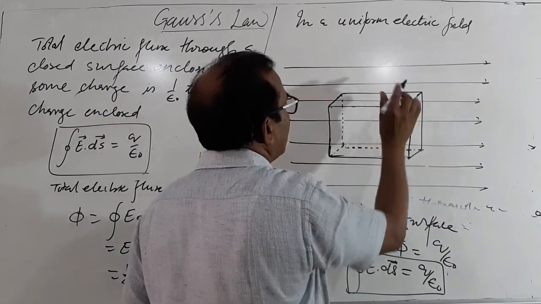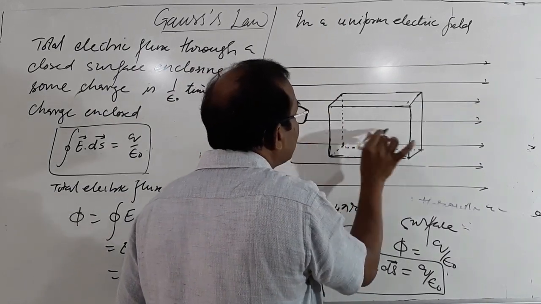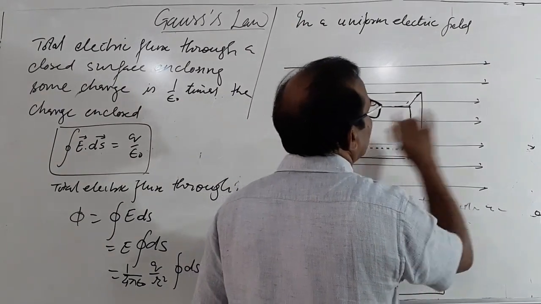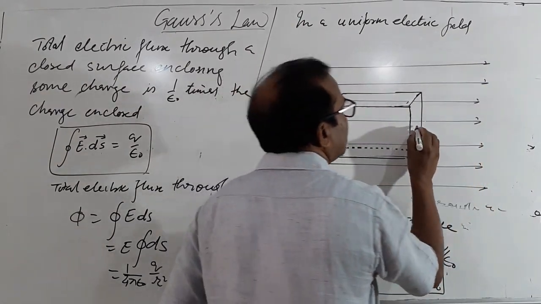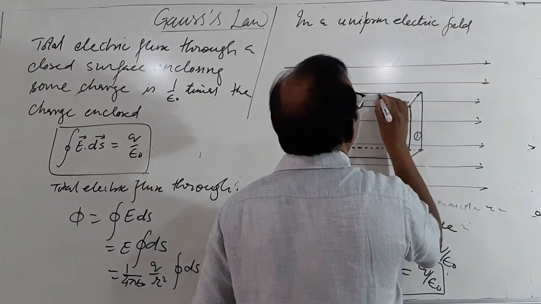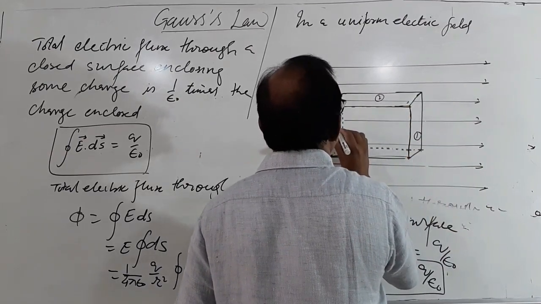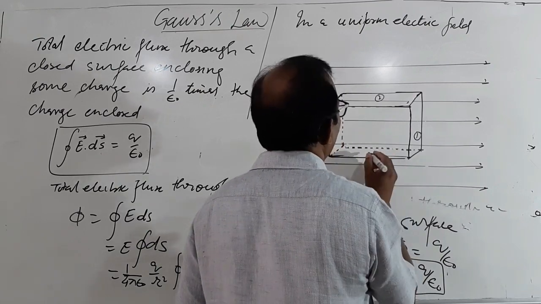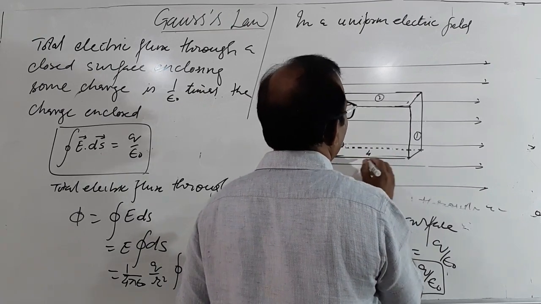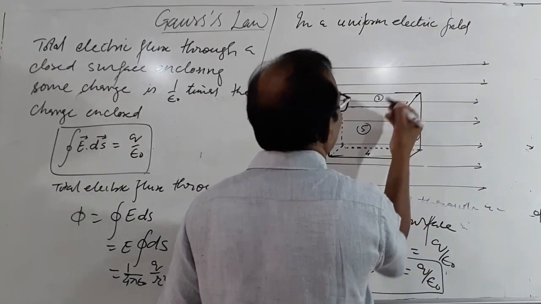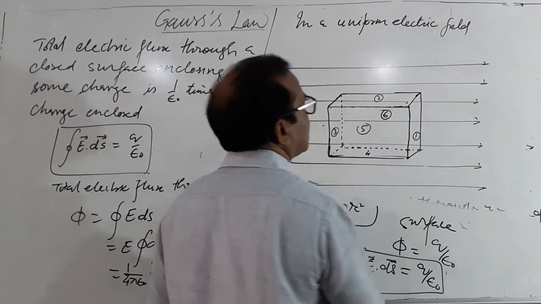Electric field lines are entering this box here and leaving this box here. Mark these faces: 1, 2, this is 3, the lower one, the bottom, is 4, this front is 5, and behind it is 6.